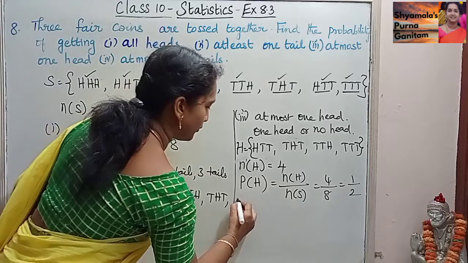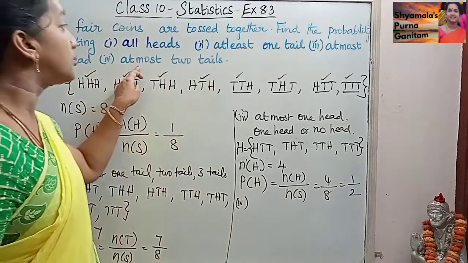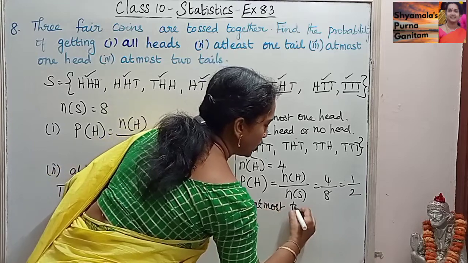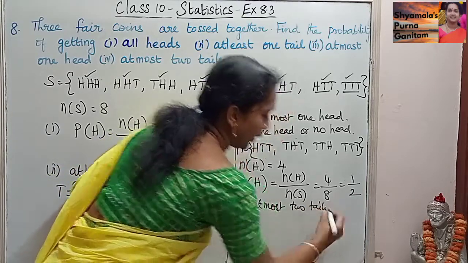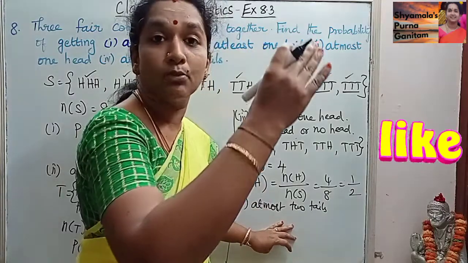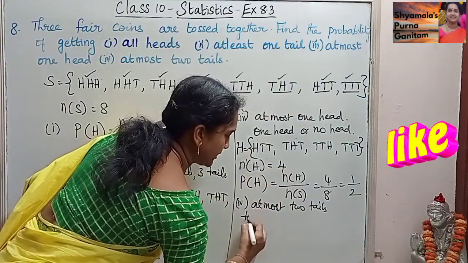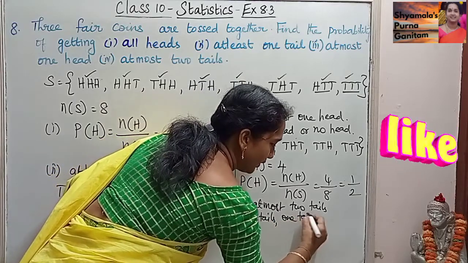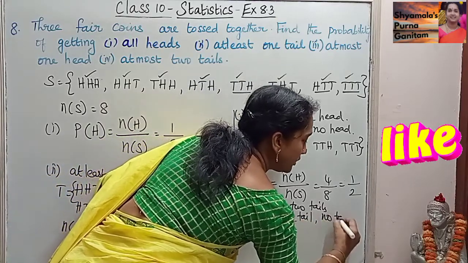Then fourth one is at most 2 tails. At most means maximum is 2 tails. So 2 tails has to be there, then we will take the 1 tail options, and then no tail.